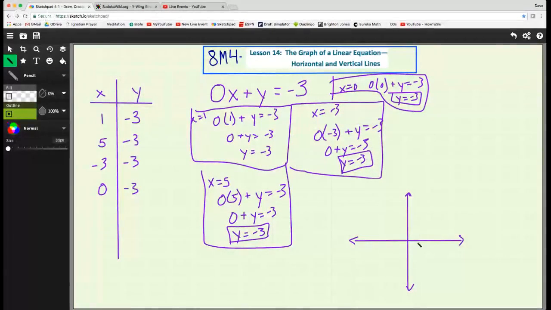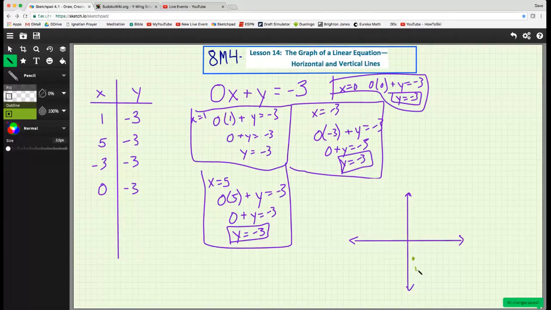And so we get 1 comma -3. We get 5 comma -3. Can you see what's going on yet? -3 comma -3. 0 comma -3.